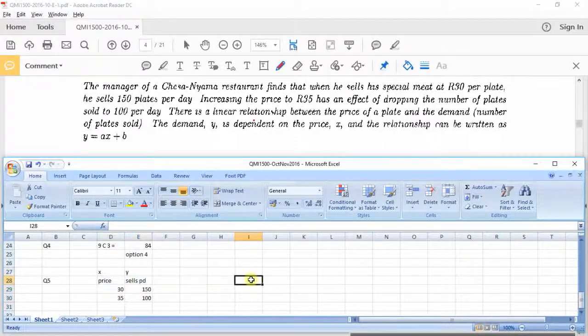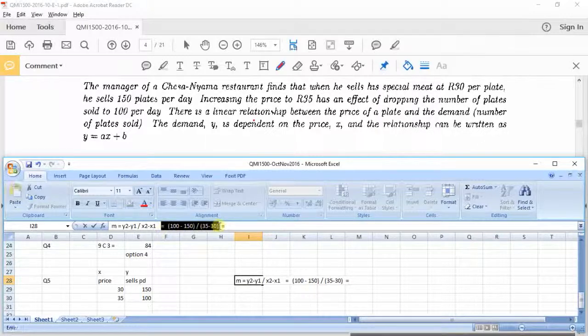M equals Y2 minus Y1 over X2 minus X1. I'll work out the M first. So I'm going to have 100 minus 150, divided by 35 minus 30, which gives me an M.